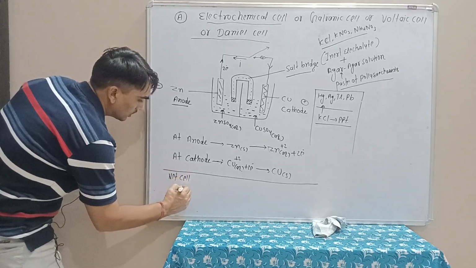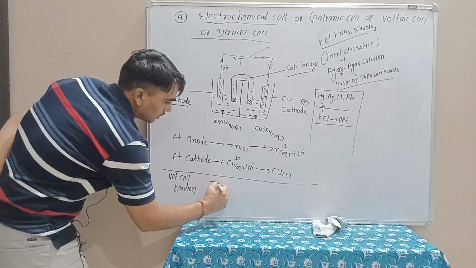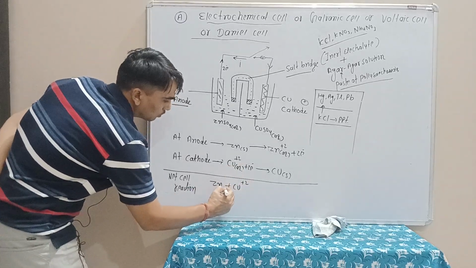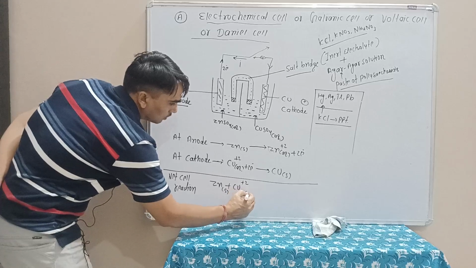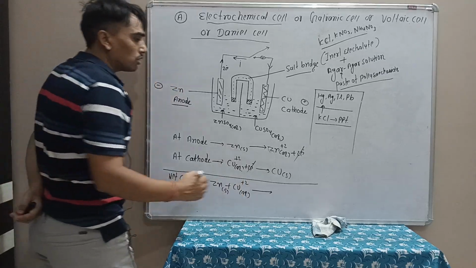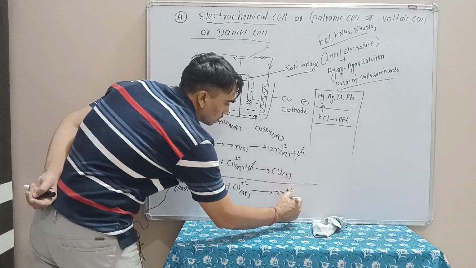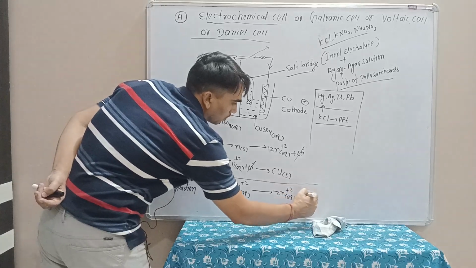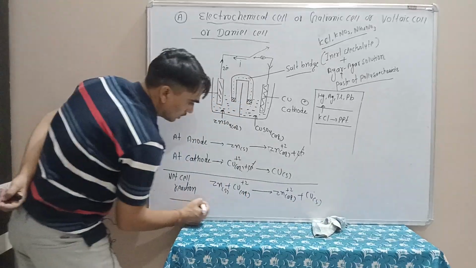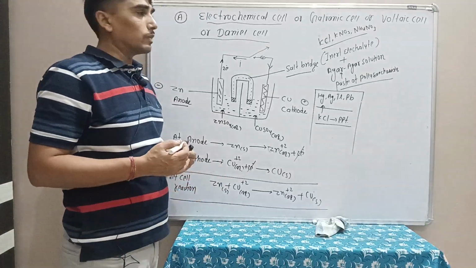The net cell reaction will be Zn plus Cu2+, the electrons cancel out, gives Zn2+ plus Cu solid. This will be the Daniell cell reaction.